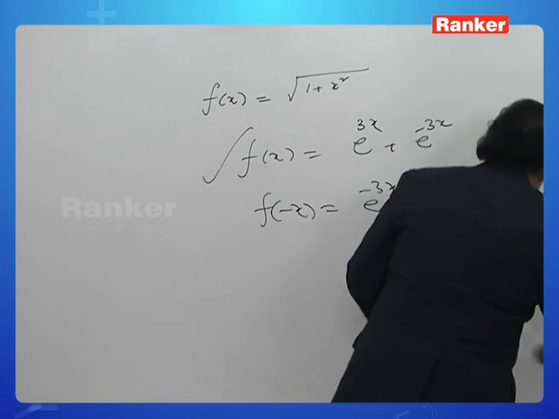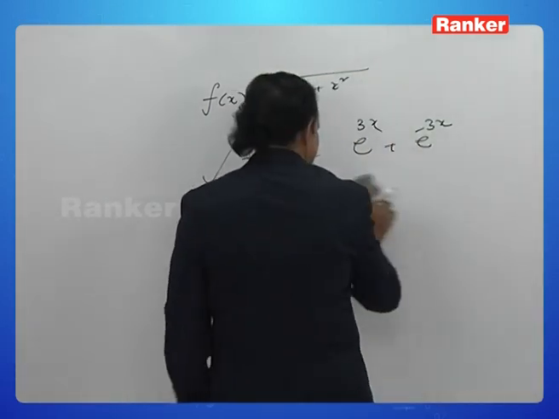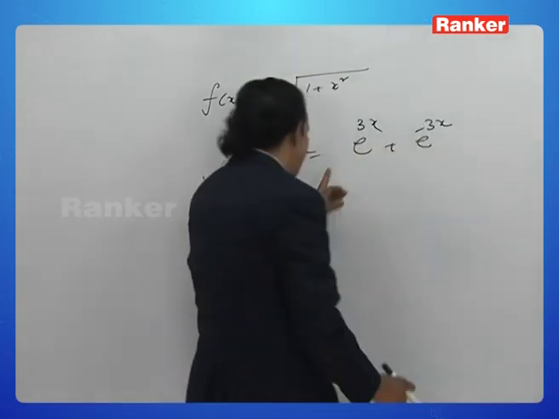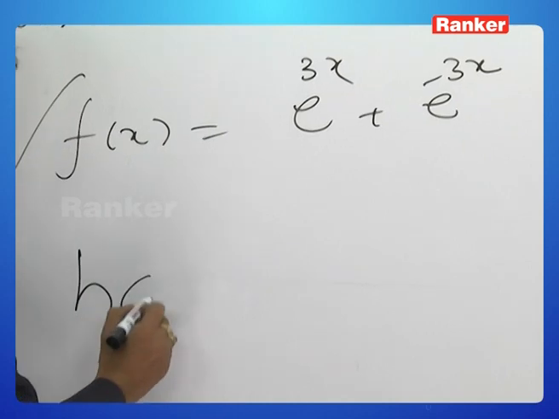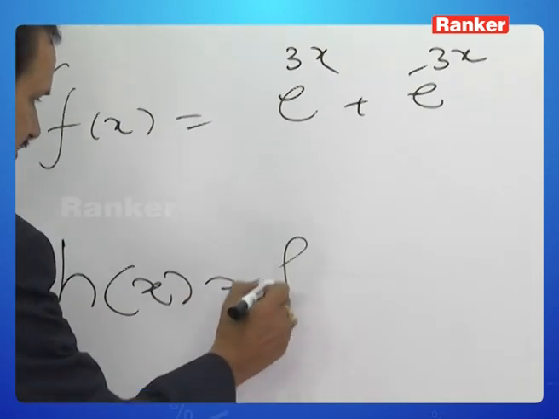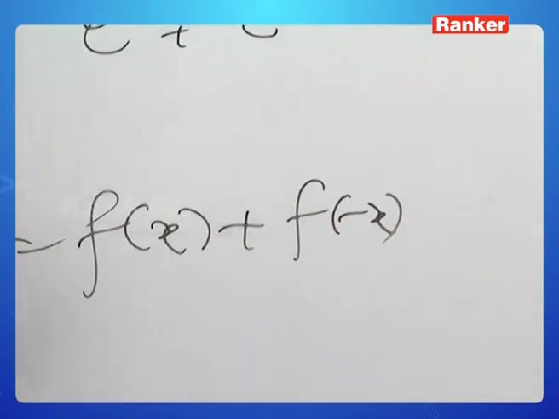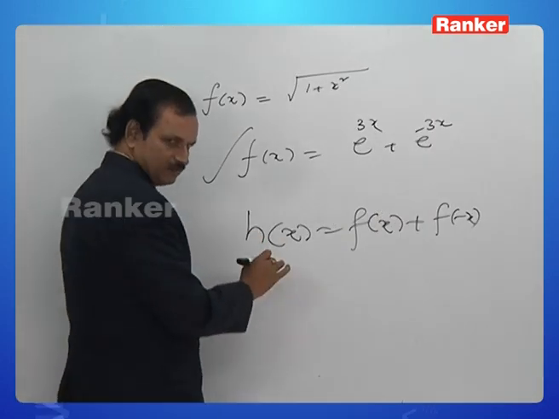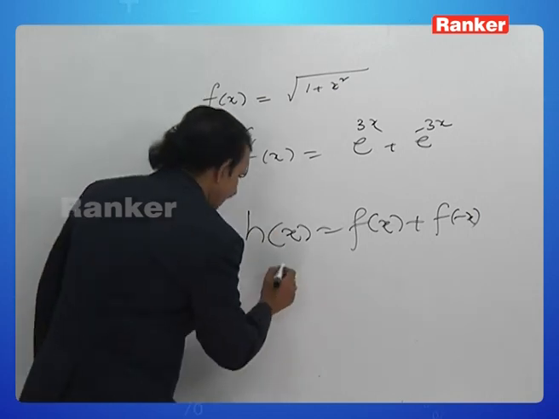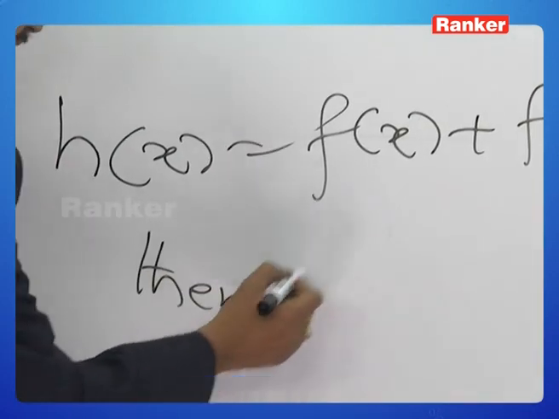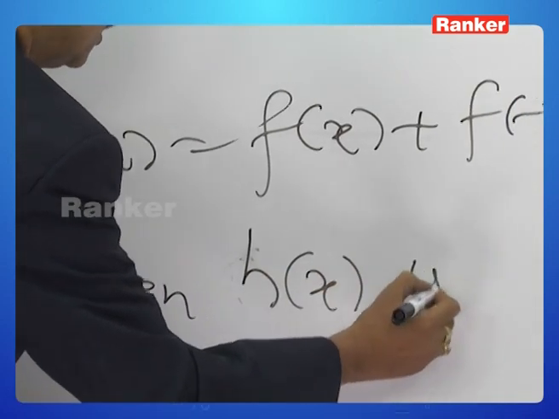You see, without testing like this, we can say directly that it is even with the help of this, look here. If there is any function h of x which occurs in the form f of x plus f of minus x, if you come across any function like this, then h of x is even.